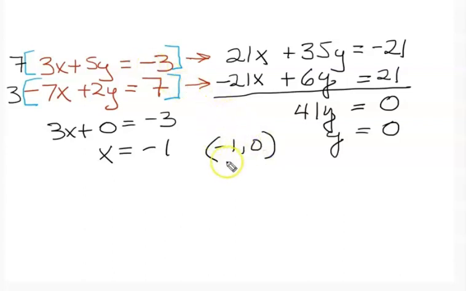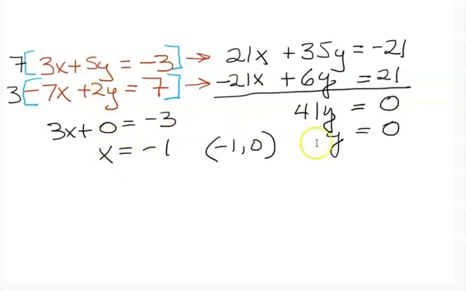And the method I used to arrive at that was the addition or the elimination method, where we set the equations up in standard form, modify them so that one of the letters will cancel out, and then solve for the other letter. And then once we find a value for the other letter, introduce that in one of the original equations and solve for the other letter.